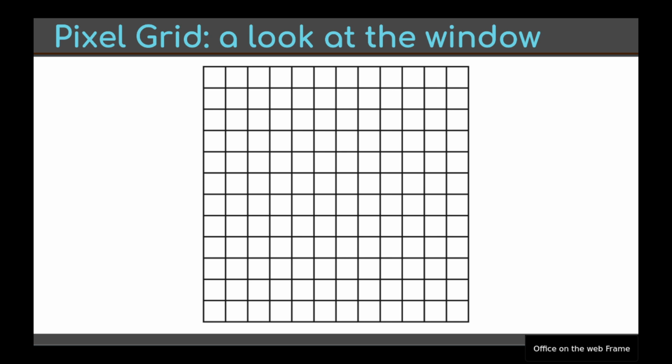So to be explicit, and I know this is probably common sense for a lot of you already, we are drawing on a grid where each individual cell is a pixel. And that's our granular level of resolution.